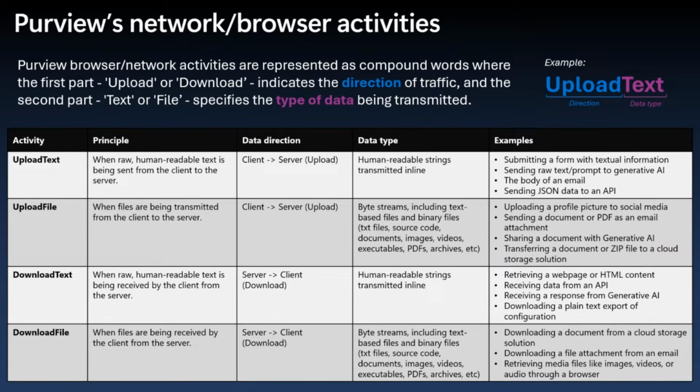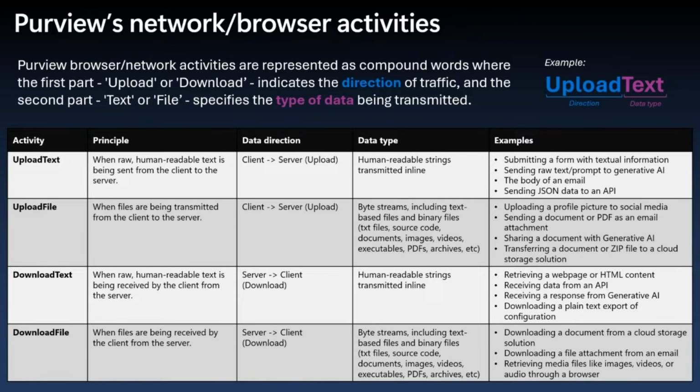And those activities are broken down based on the direction of the traffic, which is upload or download, or basically whether you're sending content to a server or receiving content from a server, and then the content type. So whether it's raw text versus binary files, such as Word files and zip files and other types of files.